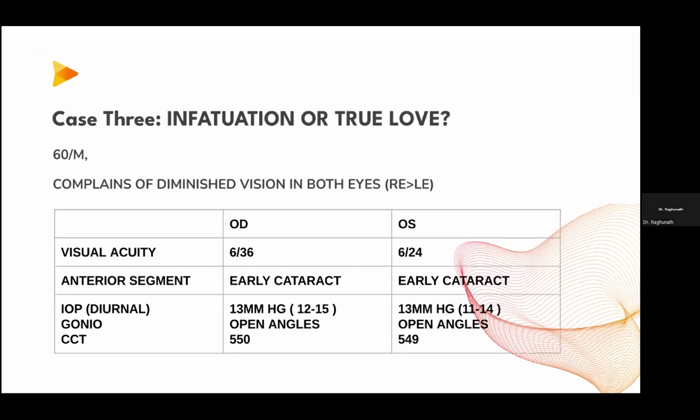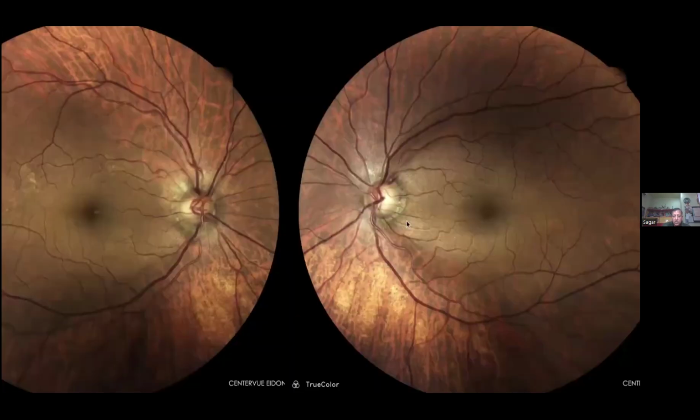So this is finally infatuation or true love. He came to me with poor vision, cataracts in both eyes, pressures are 13 and 13. I did a gonioscopy, open angle, and this is how his fundus looks.